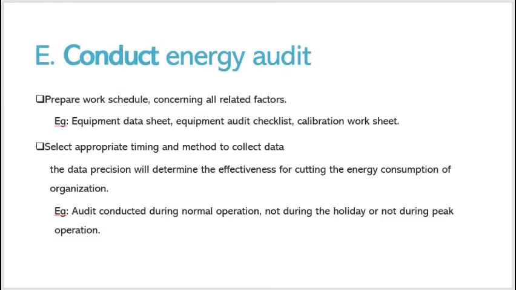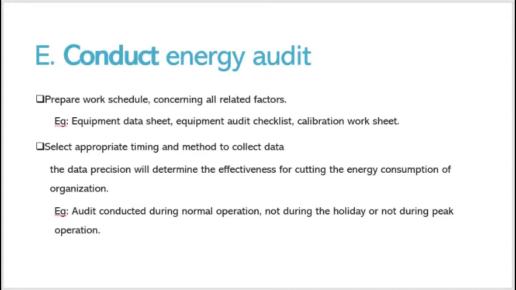Next is E, conduct energy audit. When conducting the energy audit, we need to prepare the schedule of work relating to all the factors such as equipment datasheet, equipment audit checklist, calibration worksheet. And then we need to select the appropriate timing and method to collect the data.